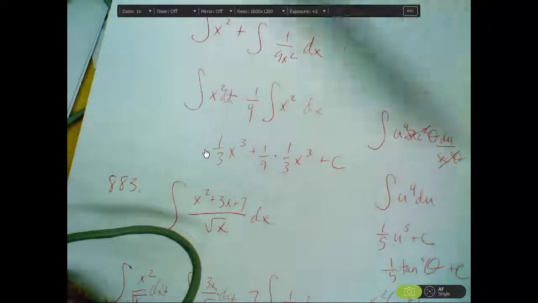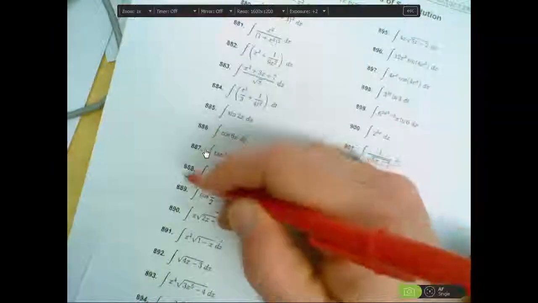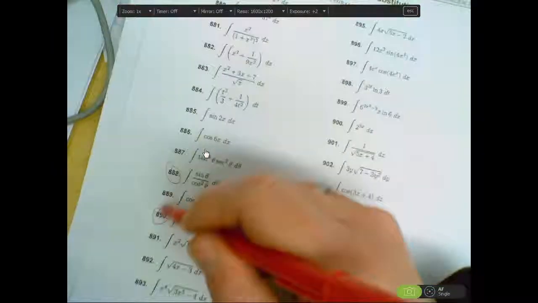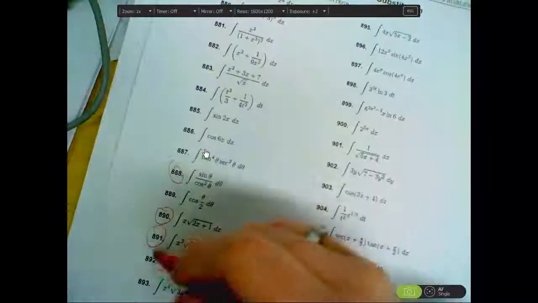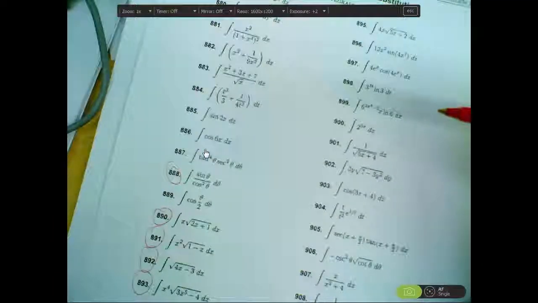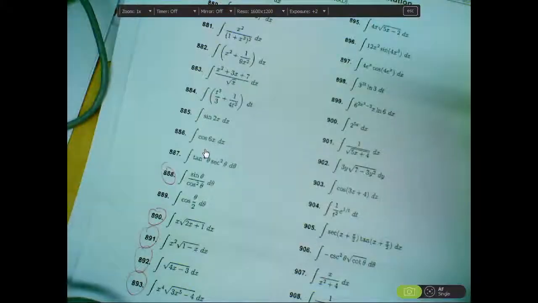So let's have you try 888, 890, 891, 892, 893. Are you going to know how to do that? 4x cubed, 15x to the 4th.